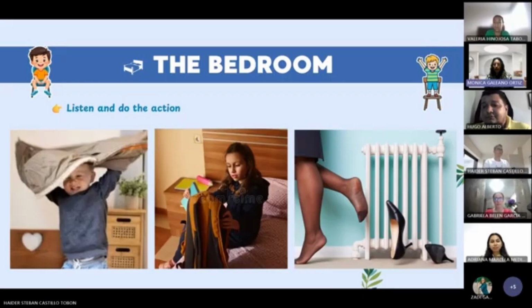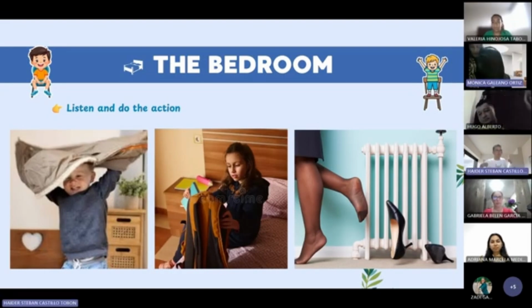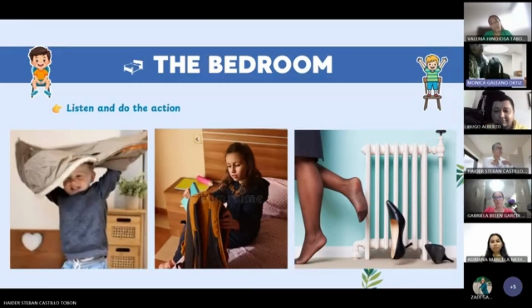And if you have a backpack, you can use it. If you don't have one, use your imagination again. Look at me. This is a backpack, so prepare your backpack. Again, prepare your backpack.